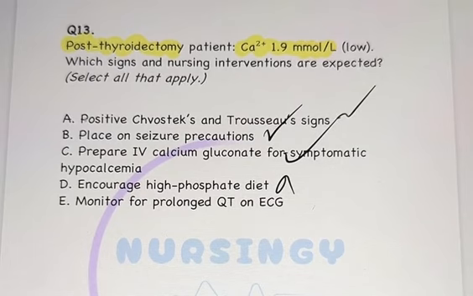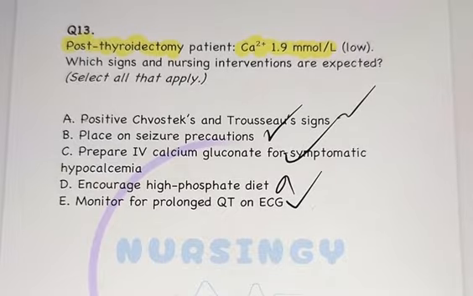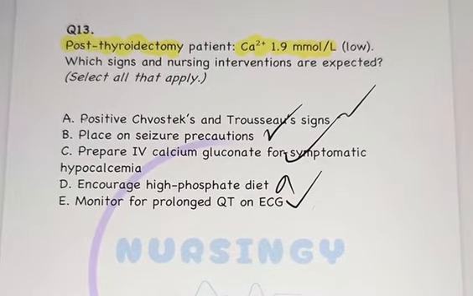Okay, monitor for prolonged QT on ECG. Can hypocalcemia cause prolonged QT? Yes. Definitely E, because it is going to increase the QT interval. What kind of ECG will we see, what we don't want to see in a patient with hypocalcemia?